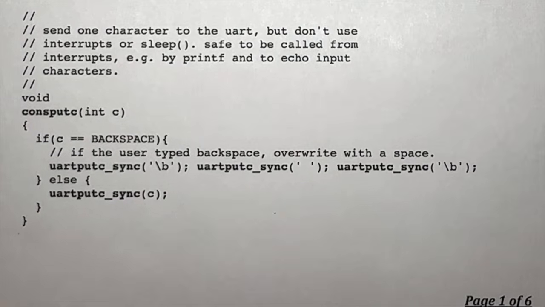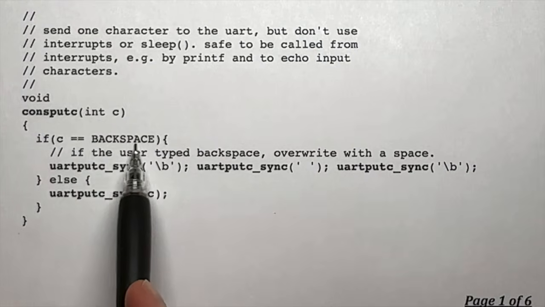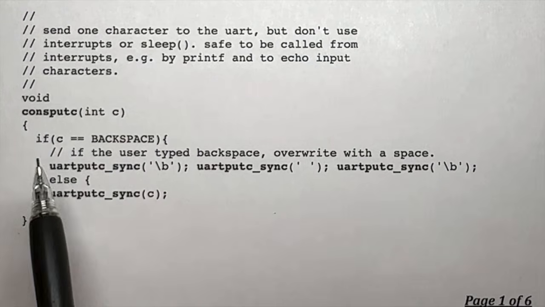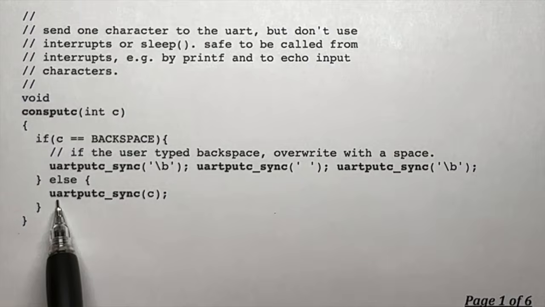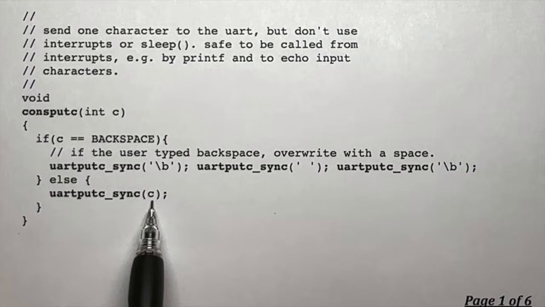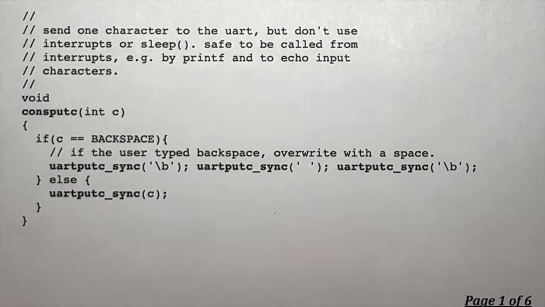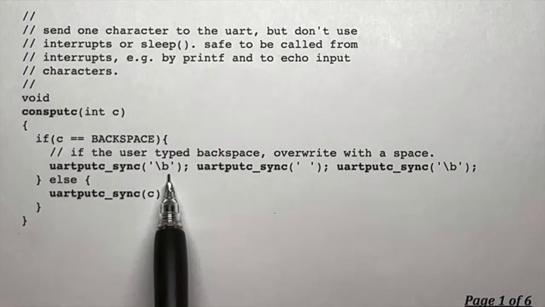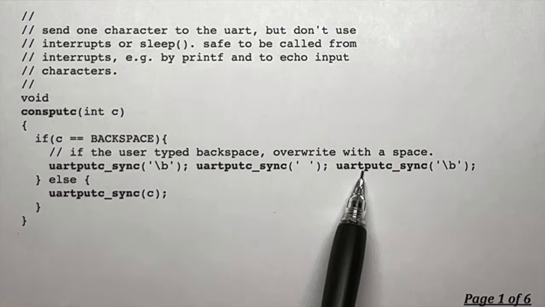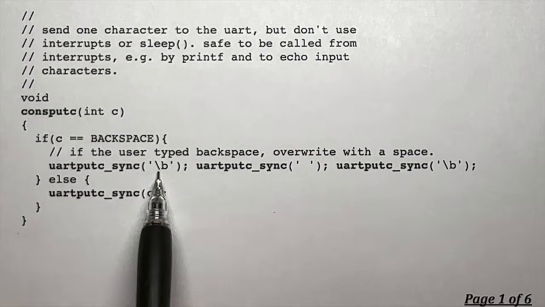There is one gotcha, and that's that the backspace key, that's the delete or erase key, has to be echoed specially. If the character to be echoed is not a backspace, we simply echo it by calling a function named UARTputc sync. Sending the backspace character to a typical serial terminal only moves the cursor. It does not actually erase the previous character. So backspace is traditionally echoed with 3 bytes. To echo the backspace character, this code will output 3 characters.